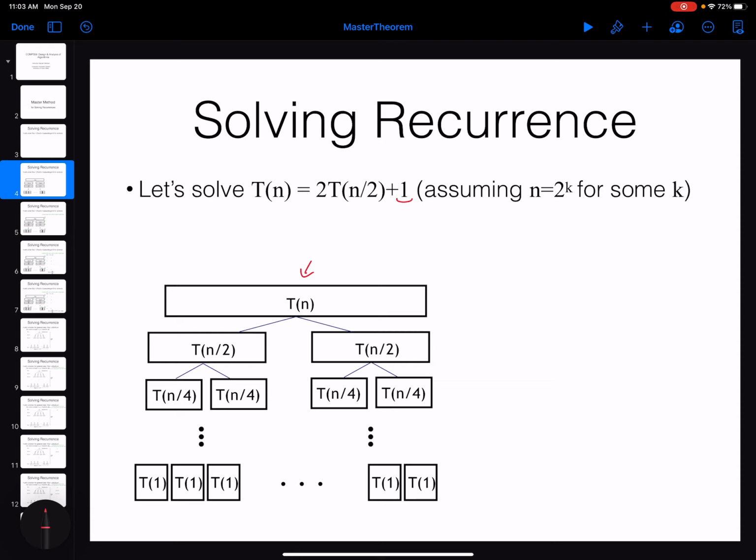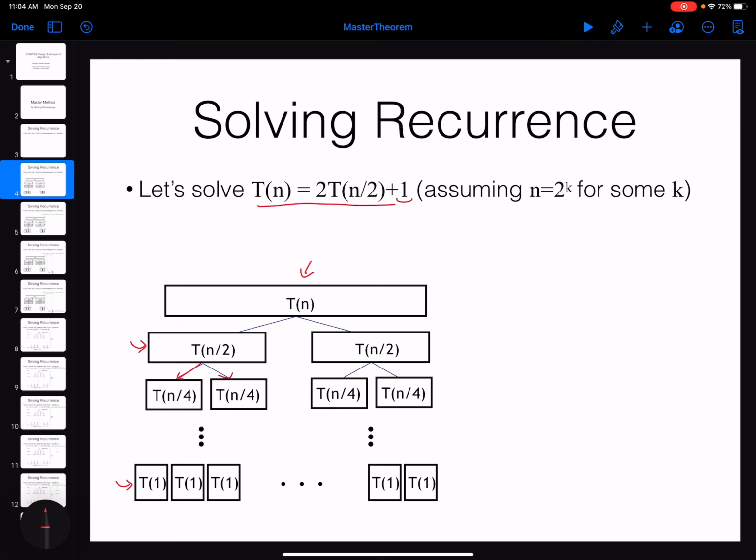For example, each of these nodes T of n divided by 2, using the same relation, will be 2T of n divided by 4. And it will grow until we reach T of 1, where we know that the cost of T of 1 will be constant, and we can stop growing the tree at this level.